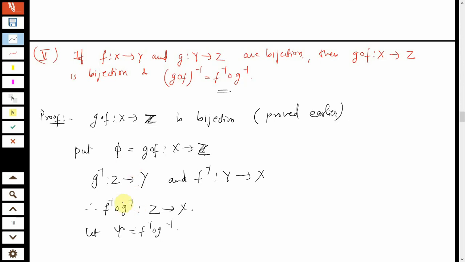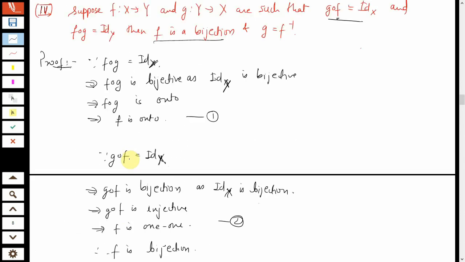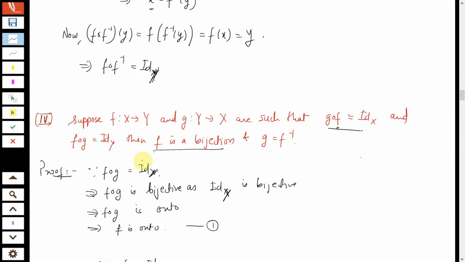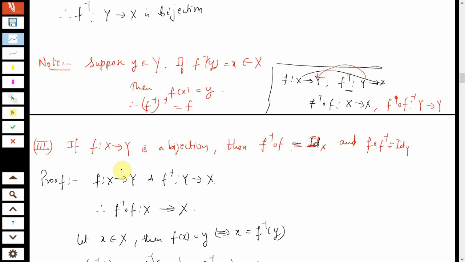Now, above property number 3: F from X to Y is a bijection.